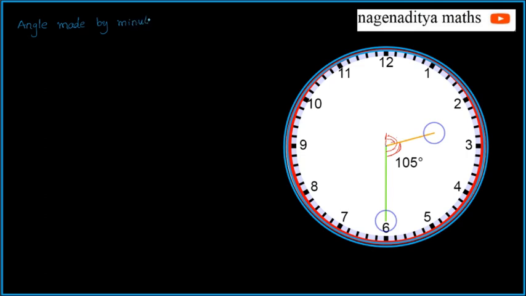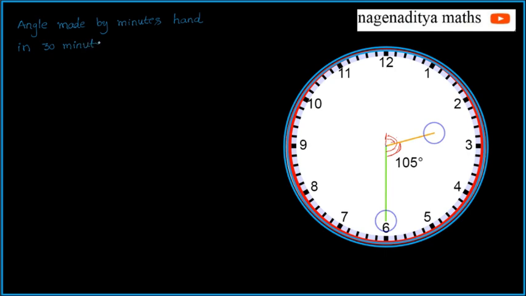We know that the minute hand makes 360 degrees in 1 hour. For 1 minute it will make an angle of 6 degrees.